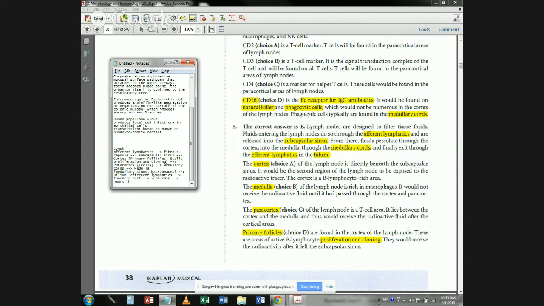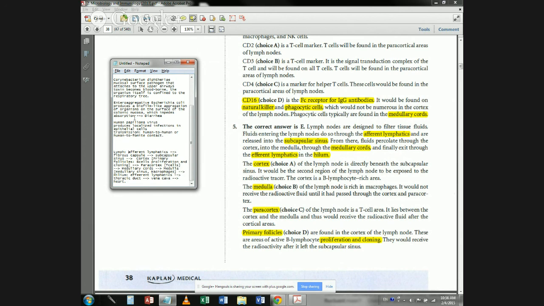Yay. So why did I get this wrong exactly? I got this wrong because I didn't understand the concept that they were asking. They were just simply asking, what does it touch first? Whereas I was saying where the radioactivity would happen first.